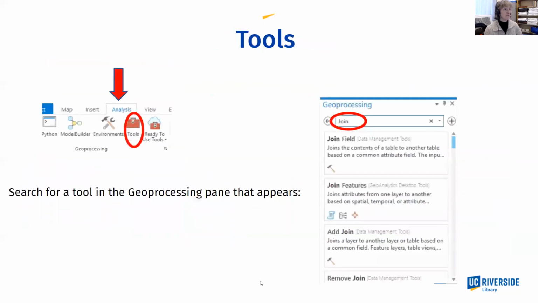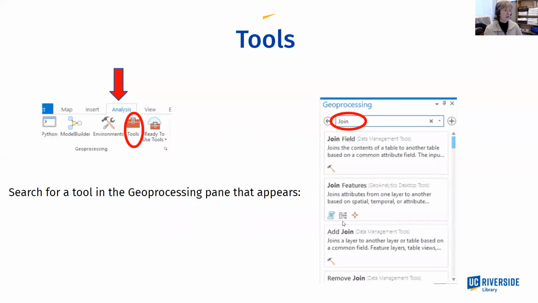And lastly, tools. We'll be using some tools today. And there's a bunch of different ways to get to things. There's a lot of redundancy, but in general, if you just want to try to find a tool and you're not sure how else to get there, you'd want to go to the Analysis tab and click on the toolbox. And once you do that, the geoprocessing pane will pop up on the right-hand side of your screen.